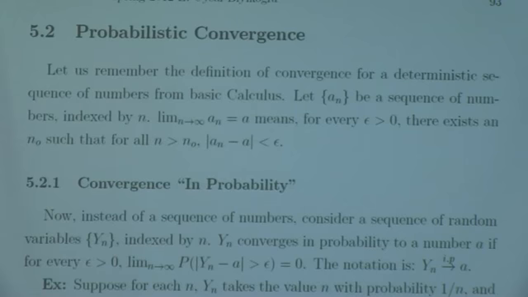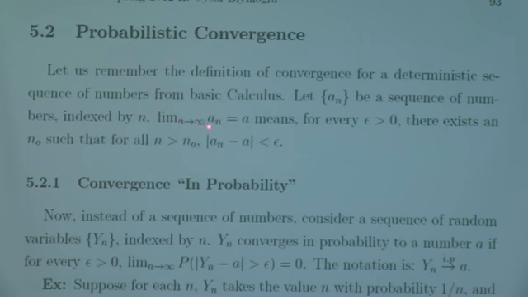Okay, so let's first remember the definition of the convergence of a deterministic sequence of numbers. You know this from basic calculus, right? So let a sub n, indexed by n, be a sequence of numbers such that they are indexed by n.